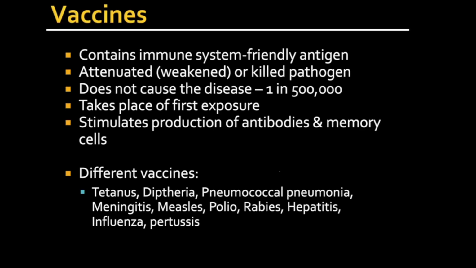This is an antigen, maybe a bacteria, maybe a virus, that has been killed or weakened. So you don't get injected with live germs. All we have to do is kill them or weaken them to the point where they can't do anything. And that's enough to cause you to make antibodies against them.